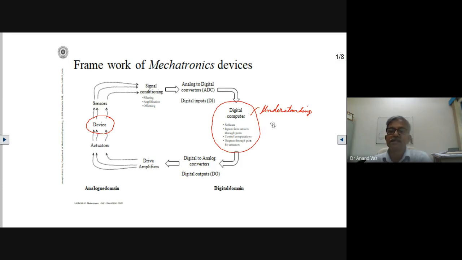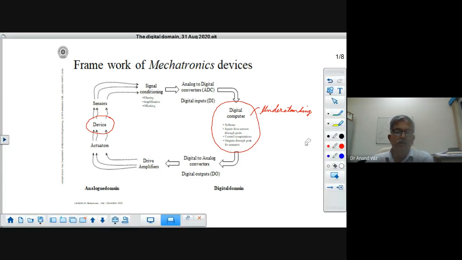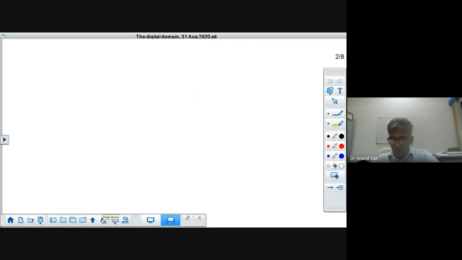Now, what is this digital domain? When we say the digital domain, it's an abstract domain. So here you're just dealing with numbers or digits.